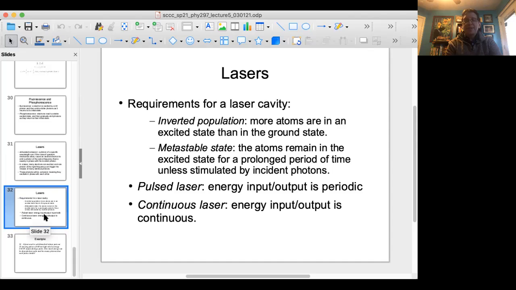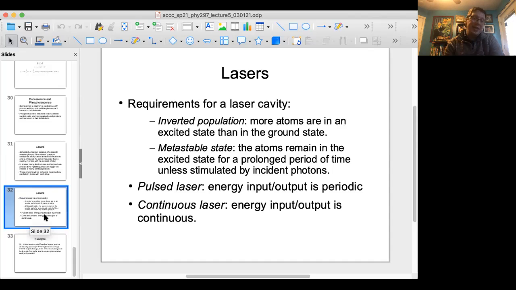So there are two types of lasers: a pulsed laser, where the energy input or output is periodic, meaning instead of a continuous beam, it shoots out a very intense beam over a very short period of time and then does it again and again and again at a certain frequency.